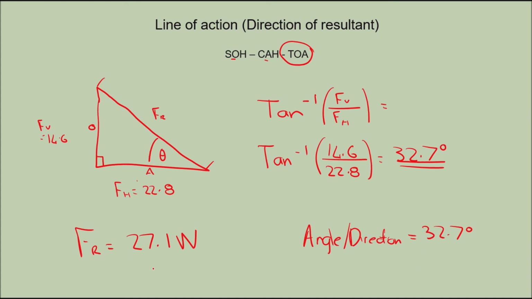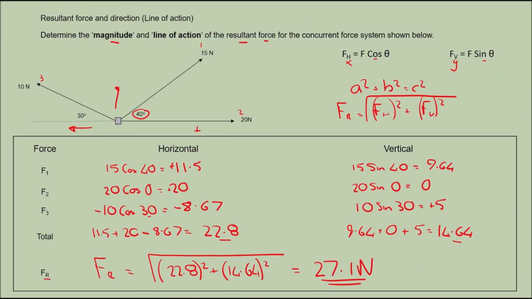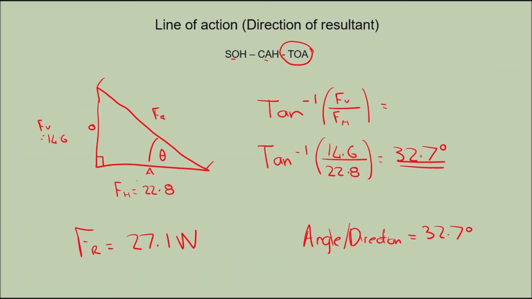So if we don't put a resultant force in this system here, then what will happen is this system will move off at an angle of 32.7 degrees. And so there we go. We've got our resultant and our direction.